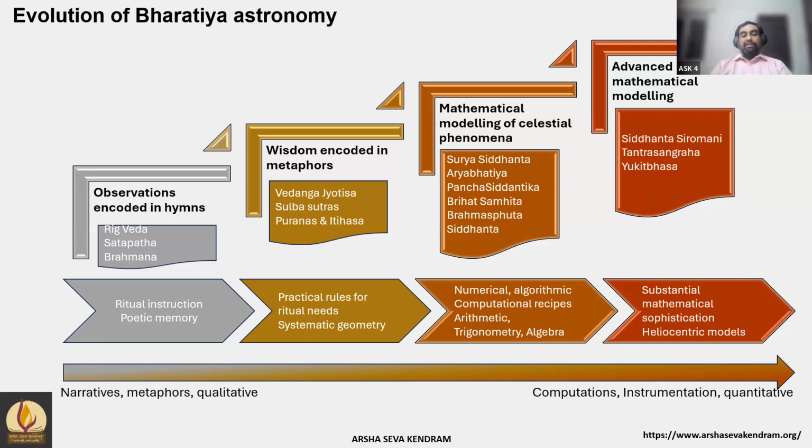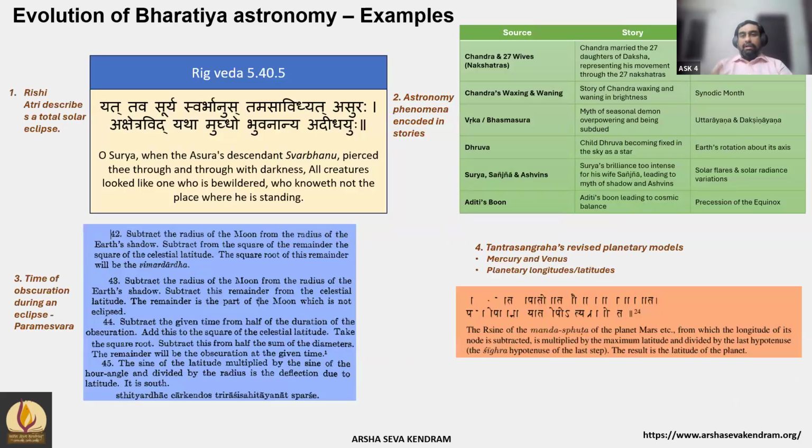So the overall narrative has been moving away from glorification of the astronomical phenomena and the gods, to an era where it was ritual focused, to an era where it was more mathematically formulated, and the advancement continued in that way. We saw a few examples of each of these different stages of evolution.